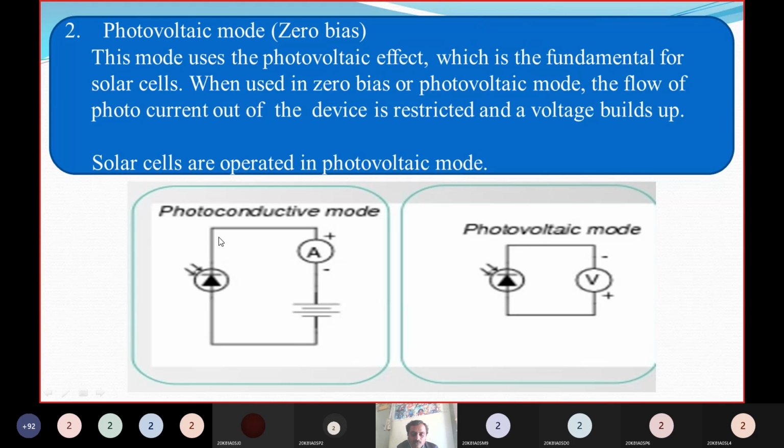In this other case we are not connecting any external voltage. That is the difference between the photodiode and the photovoltaic diode. The photovoltaic diode can be used in solar cells. The construction is the same, both cases use a diode, but here we connect it in reverse bias and here we are not supplying any external voltage.